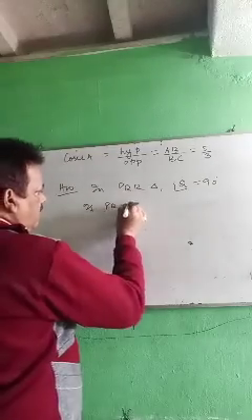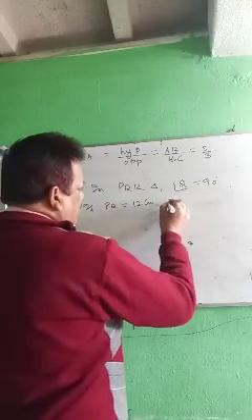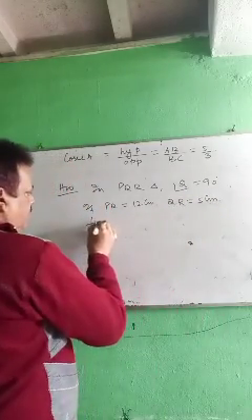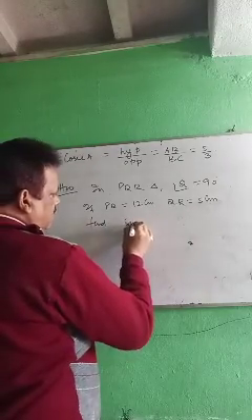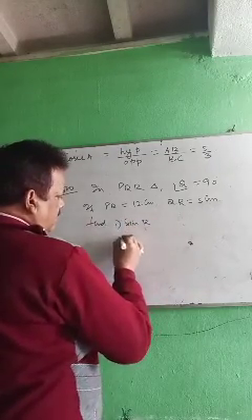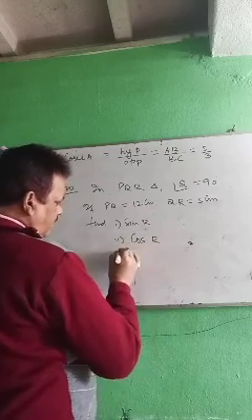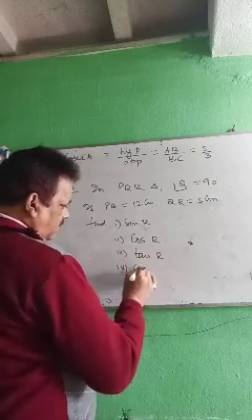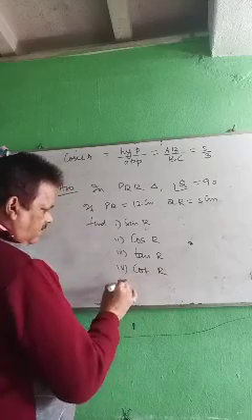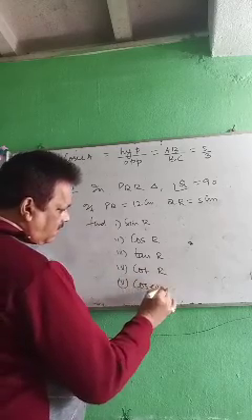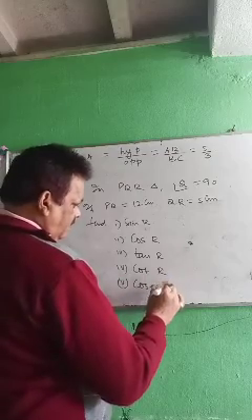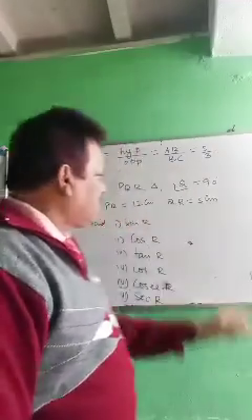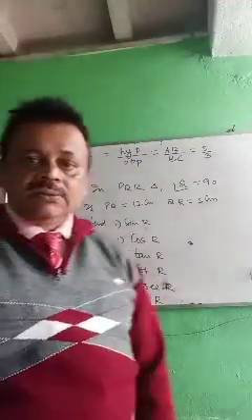If PQ equals 12 centimeter, QR equals 5 centimeter, find sin R, cos R, tan R, cot R, cosec R, sec R. Just follow the previous question and try to solve it.